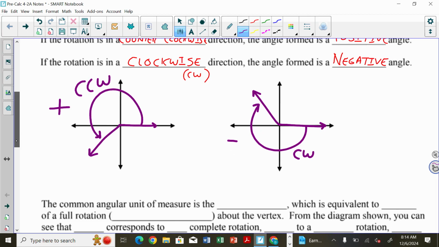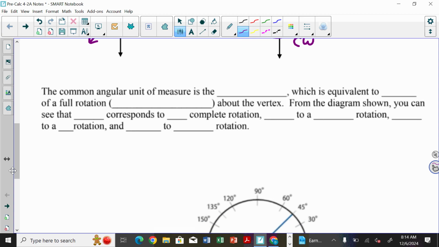All right, some common angular units of measure. The one we use the most is called the degree. You guys are familiar with that. A degree is equivalent to 1/360th of a full rotation.